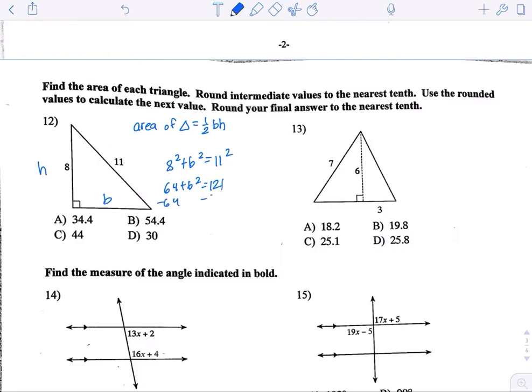Subtract 64 from both sides. B squared is equal to 57. Square root. So b is equal to square root of 57. And it says to round it to the nearest tenth. So, square root of 57, you guys.